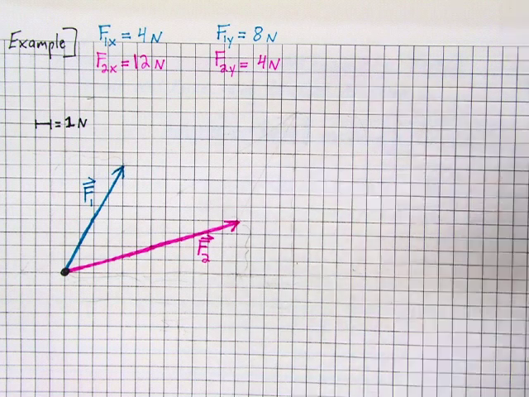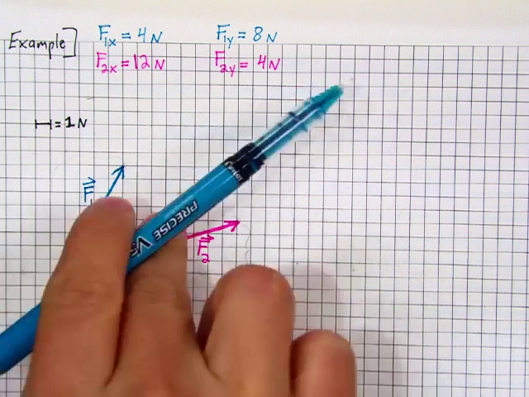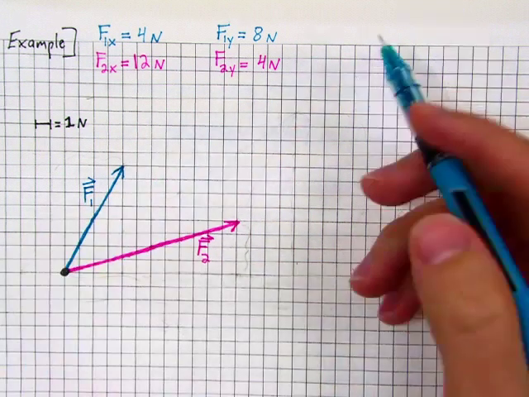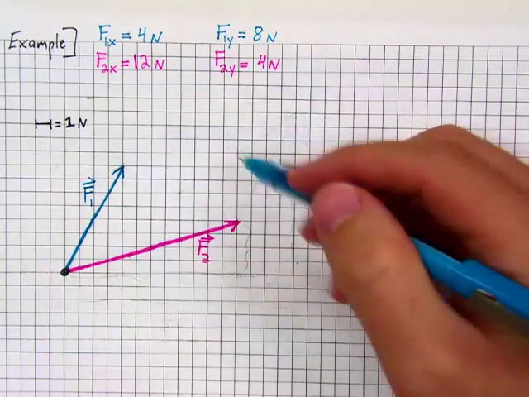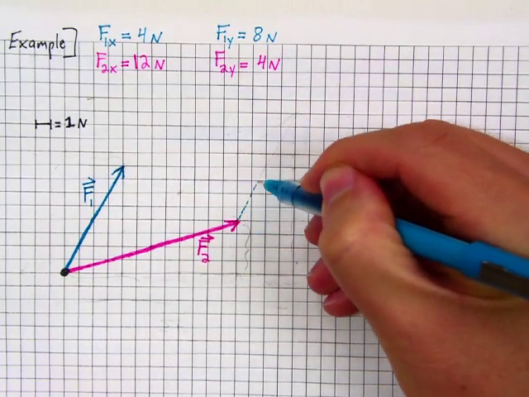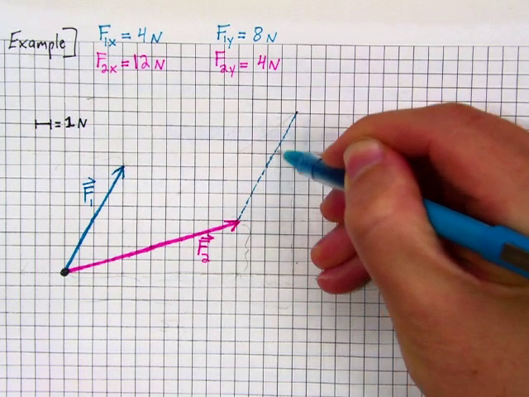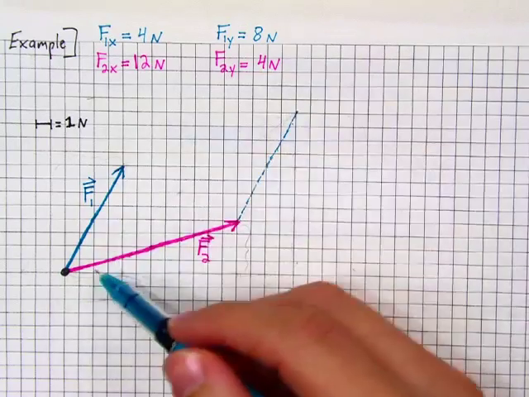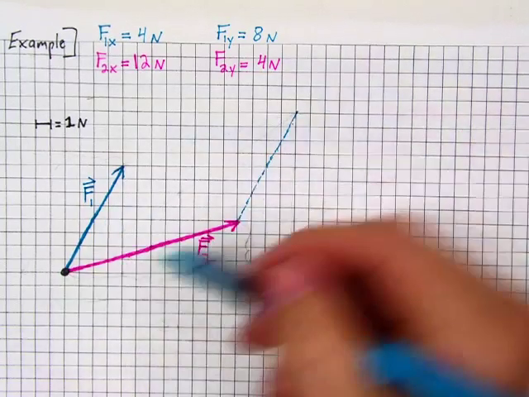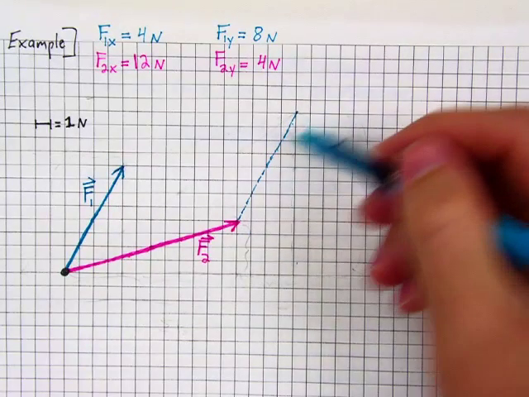Let's start by doing the parallelogram method to see what the net force is going to look like. I can tell that it's going to point off in this direction because that's the way they're both pushing. So let's make a parallelogram out of this. Draw in a side here parallel to F1. In fact, that should be the same exact shape as F1.